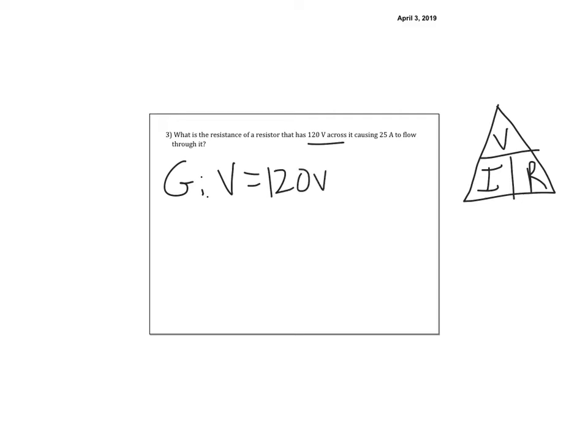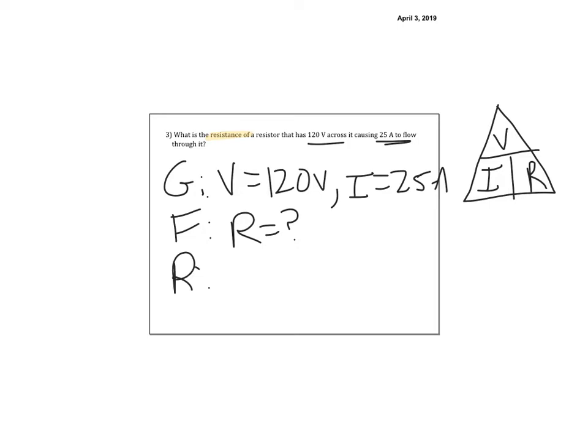Notice it has lots of different names: voltage, potential difference, volts. Anyways, 120 volts is V. And amps is always I, so I equals 25 amps. I'm trying to find the resistance, so R equals question mark.